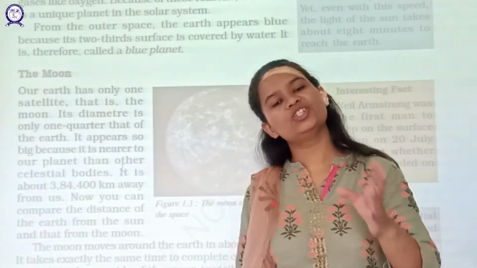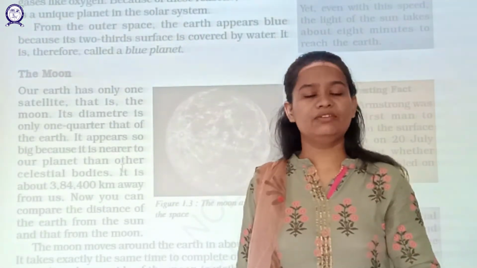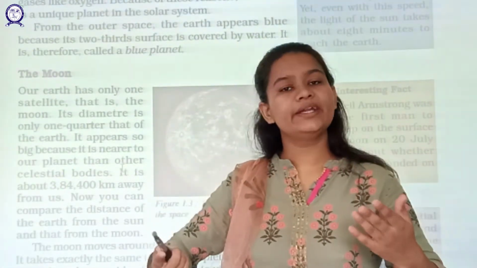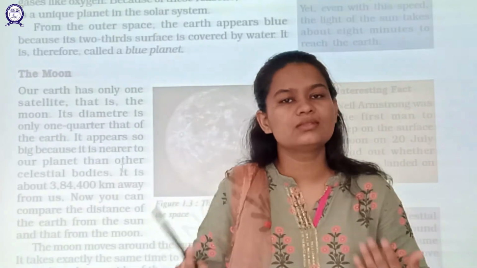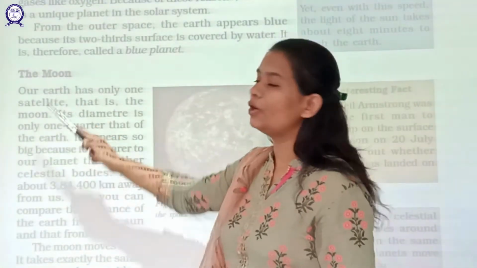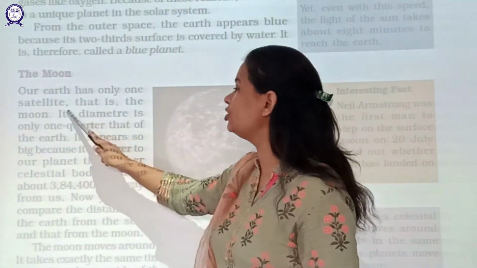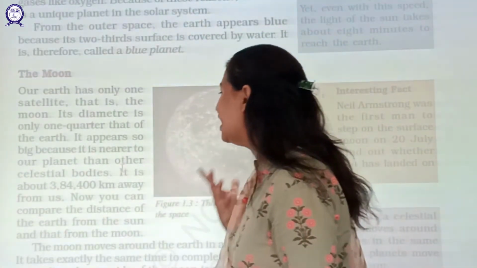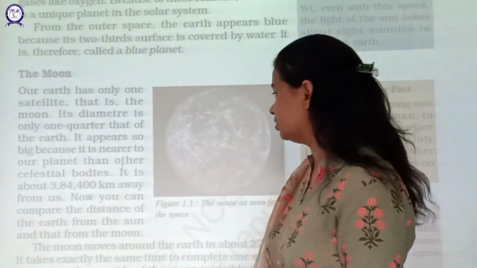Natural satellites are created by nature; artificial satellites are made by human beings themselves. So if we talk about the Moon, then Moon is a natural satellite of Earth.